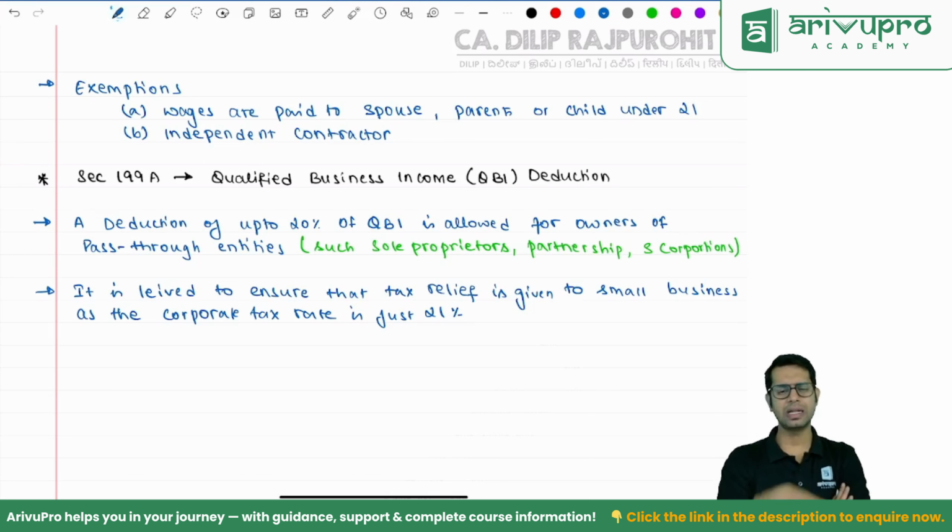So to ensure that there is parity between corporations and those pass-through entities, they have introduced this concept of qualified business income deduction. Please note, this is a type of deduction or a credit which will be given to you. Okay.